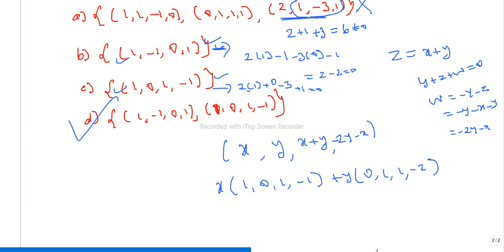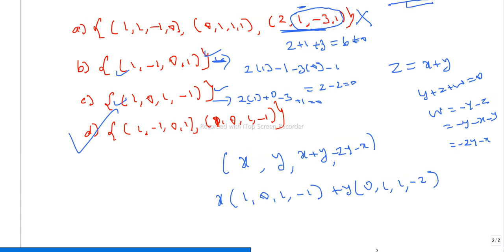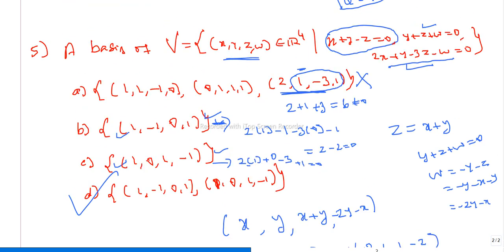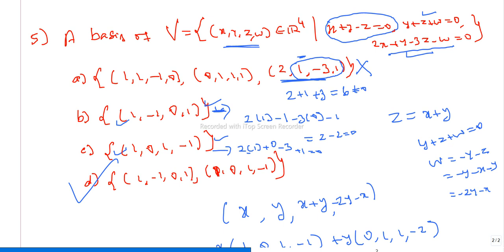Maybe in the simplification I made some mistake, that's why I got this. I don't know where I missed it. So y plus w plus z equal to 0, therefore w equal to minus y minus z, therefore everything is okay.